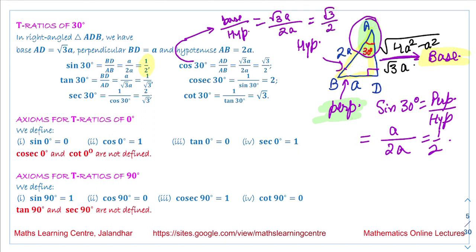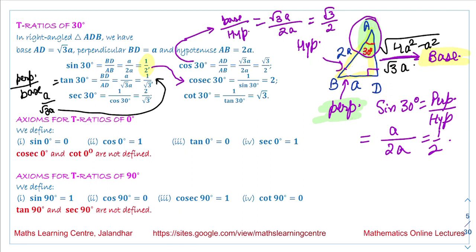Next we are talking about tan 30 degree. Tan 30 degree means perpendicular over base. The value of perpendicular we have is a, and the base we have is root 3a. So the answer we are obtaining is 1 by square root 3. Next we have to calculate the value of cosecant 30. It is the reciprocal of sine 30 degree.